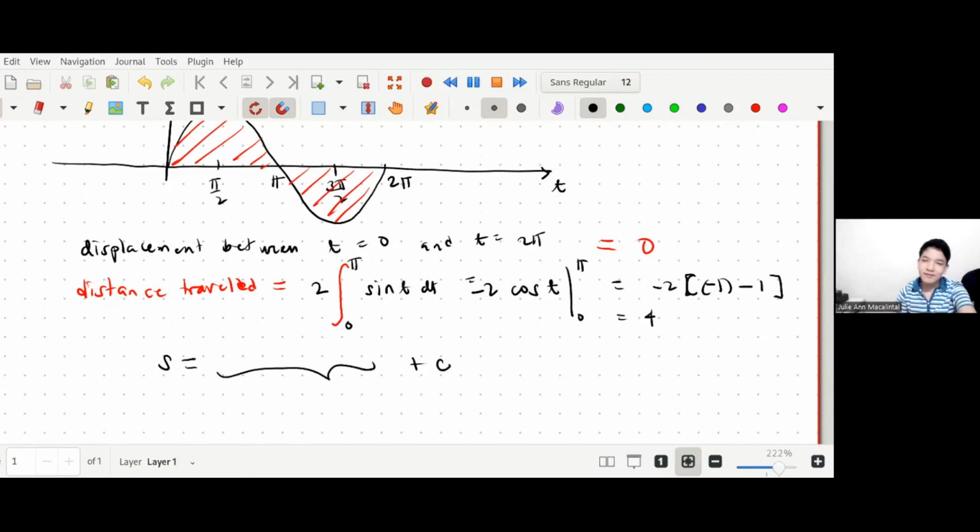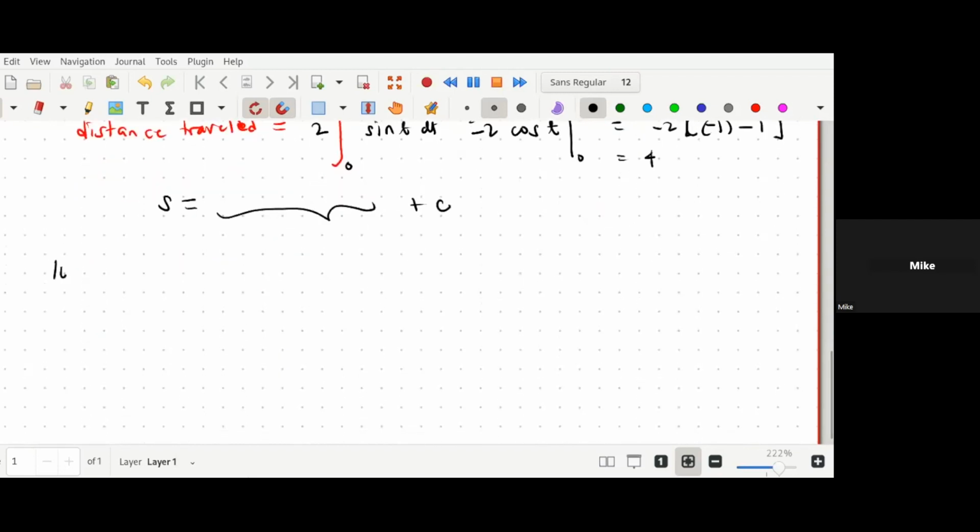So, for example, dito sa 16b10, pwede mong isulat yung sa part 2 as distance is integral from 1 to 2 of 4 e to the t minus 5 e to the 1 minus 2t dt, and then simplify.